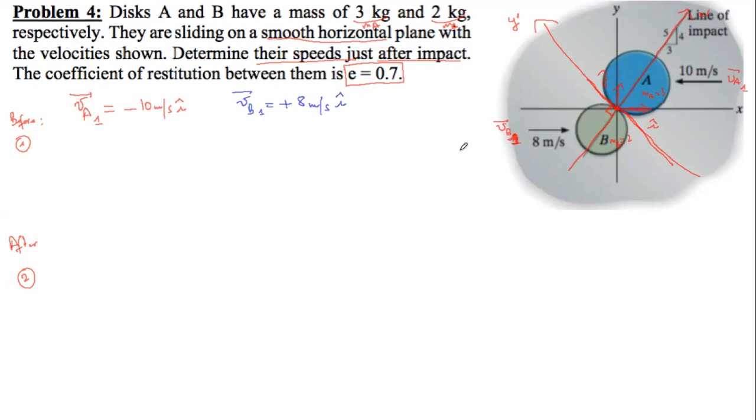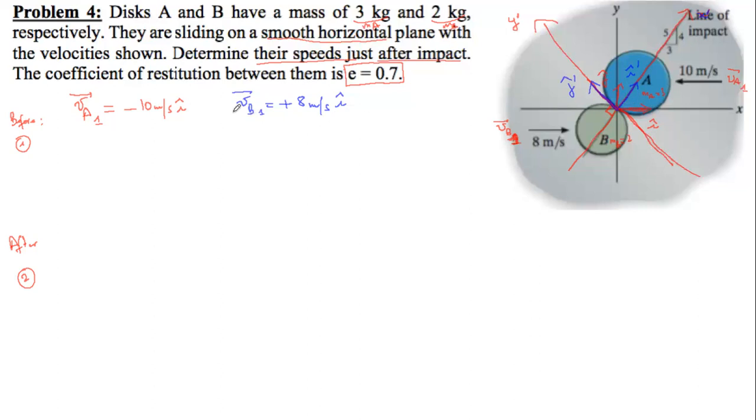I have to do a coordinate transform. Here I will first say that this line of impact, I will call it the direction X prime. The unit vector along X prime, I will call i hat prime, and the unit vector along Y prime, I will call j hat prime.